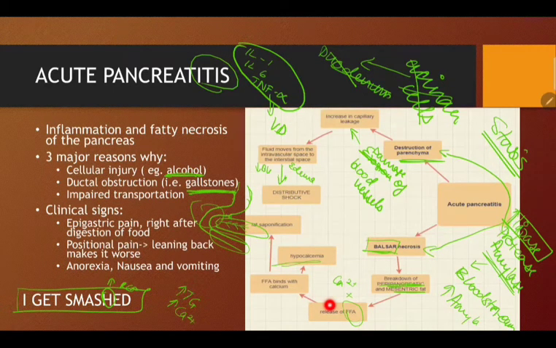And if there's compression here, inflammation here, it's going to increase the pressure in the duodenum, rest of the small intestine, and the stomach, which will lead to feelings of nausea. If it gets worse, the food can't go down because there's decreased motility. So the food will go up, leading to nausea and vomiting. And because the patient is vomiting and has nausea, do you think the patient will want to eat? No. So there'll be anorexia.